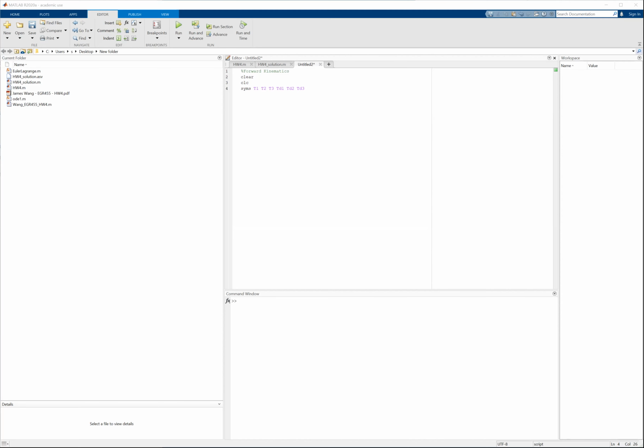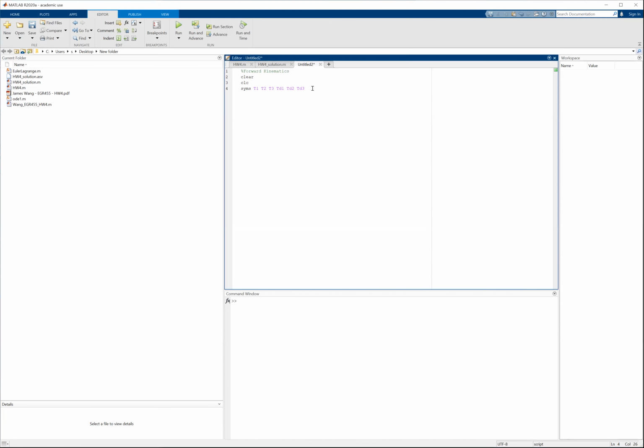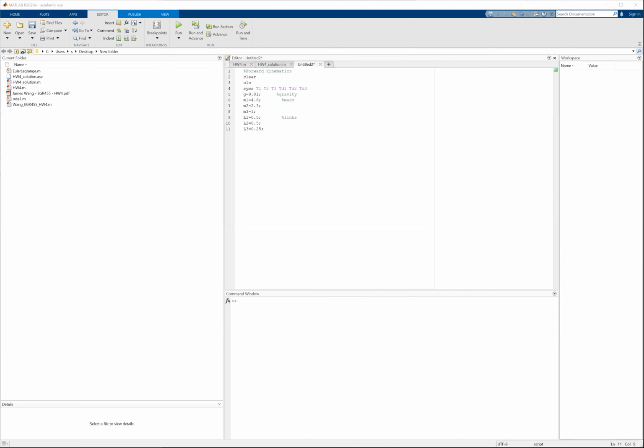Next line, I'm going to define my lengths and masses, and these come from the problem. G is the gravitational acceleration. M1 is the first mass in kilograms.